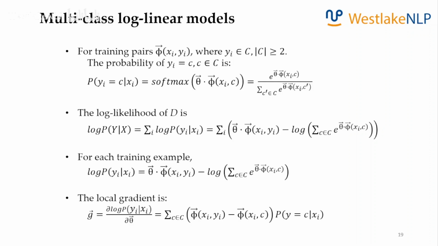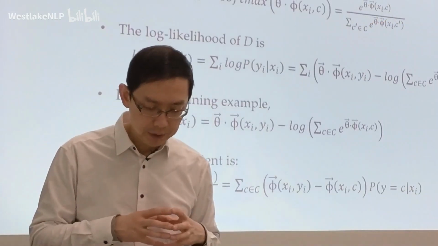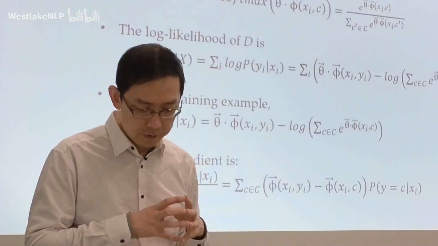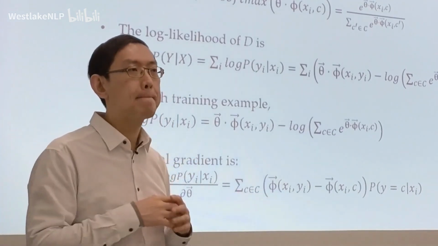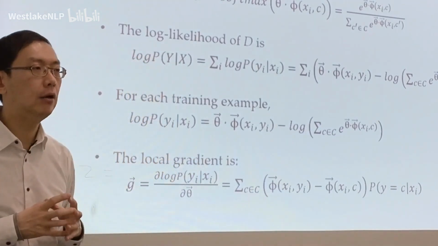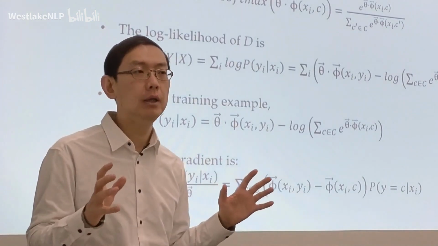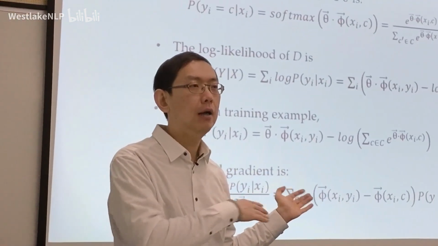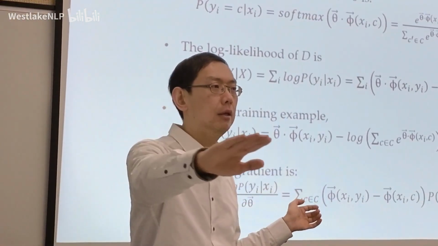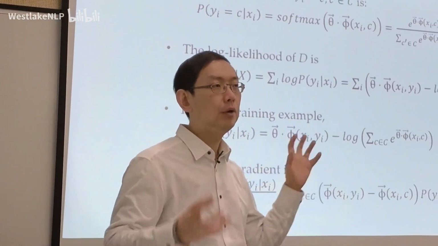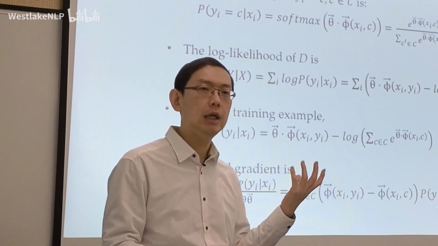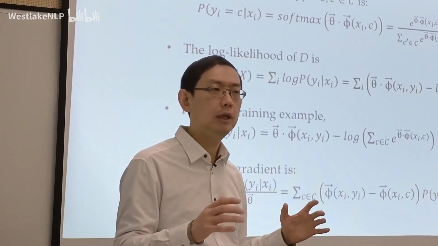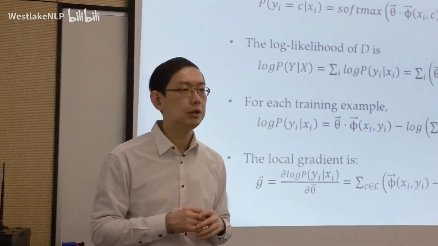So it's, as shown in the equation, the sum of all the training instances. So theta dot phi. This time, the phi is extracted over both input and output, as we discussed last week, right? How do you cut the vector space in one cut for multiple classes? You increase the dimensionality by integrating the output label into features.